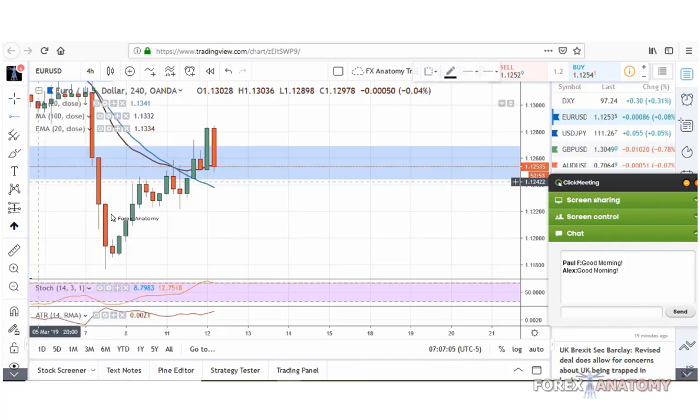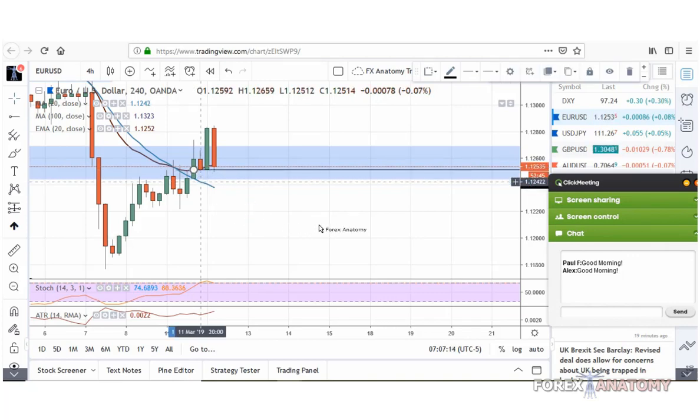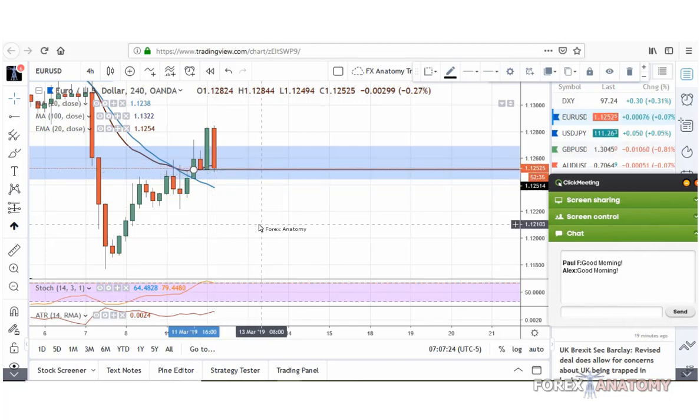Let me just draw this in. A break and a close below this low right here, which is around 1251. If we can get a break and a close below this 1251 price level, then that would be great, because that would be a clear bearish signal.